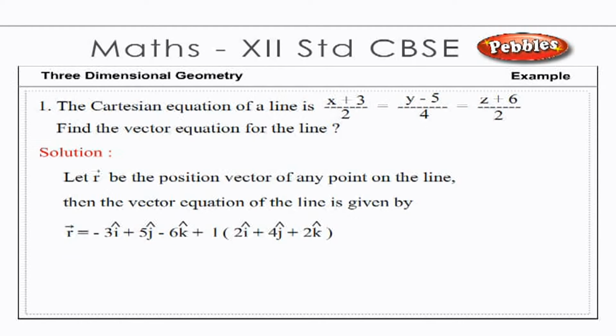Let r vector be the position vector of any point on the line. Then the vector equation of the line is given by r vector is equal to minus 3i cap plus 5j cap minus 6k cap plus lambda into (2i cap plus 4j cap plus 2k cap).